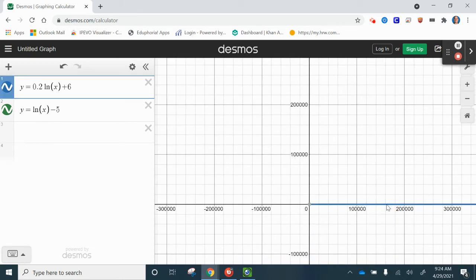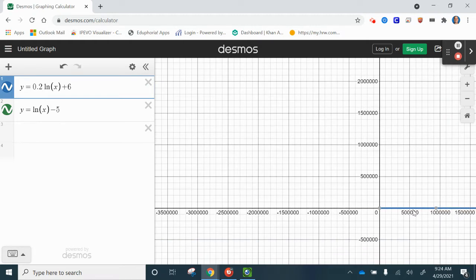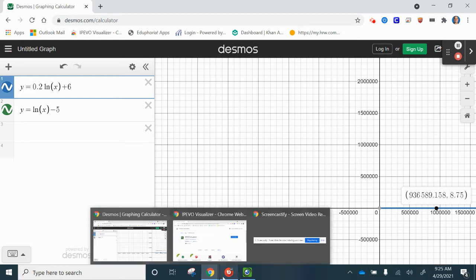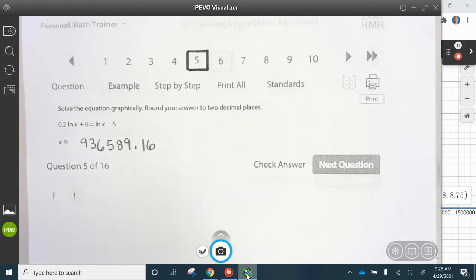You might have to zoom out quite a bit. And then there you go. There is your point of intersection. So that's 9.16. Go ahead and finish up question 5.